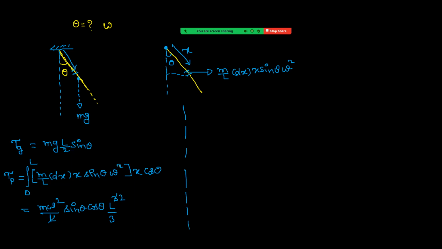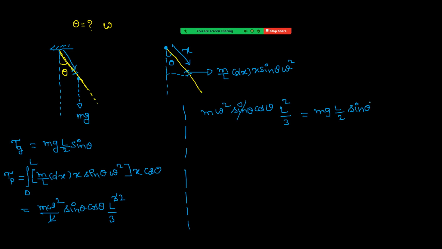Now equating these two. The torque due to pseudo force is m omega square sine theta cos theta L square by 3. Cross check once. That is equal to the balancing torque mg L by 2 sine theta.